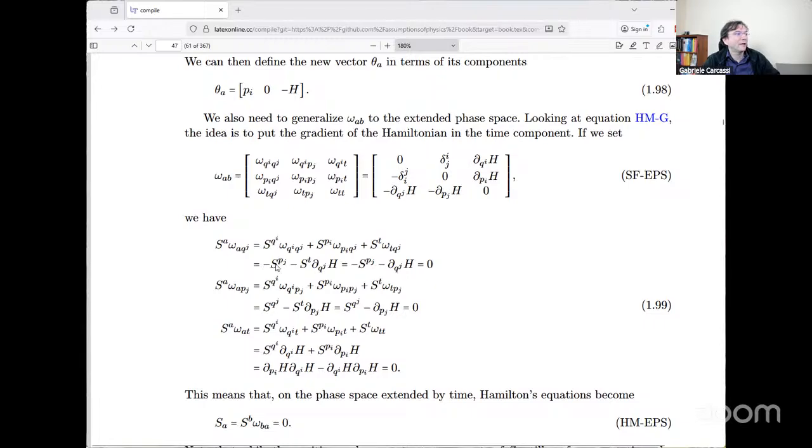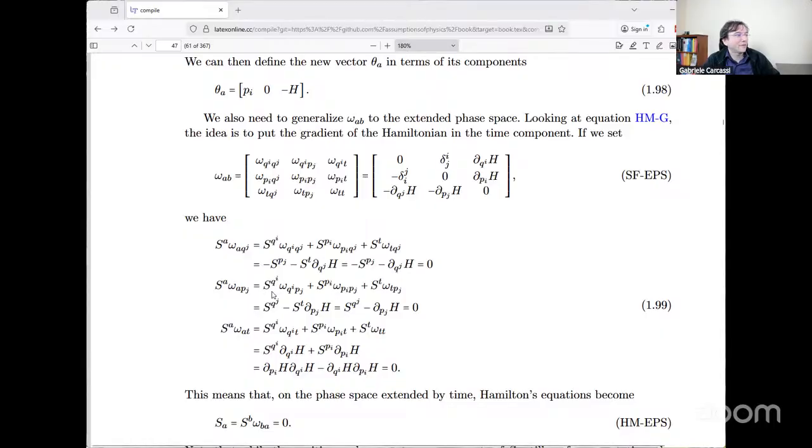So you basically have a minus, and then you change this I into J. And then you have the S^T, and the T Q_J is this part, so it's minus partial Q_J H, which is here. And now S^T again is going to be 1 because it's dt dt, and so you just have minus S^P_J minus the partial Q_J H. And if you put this on the other side, that's one part of Hamilton's equation.